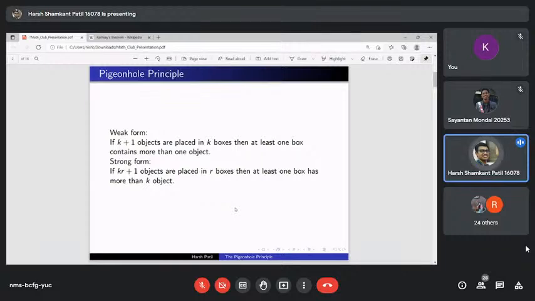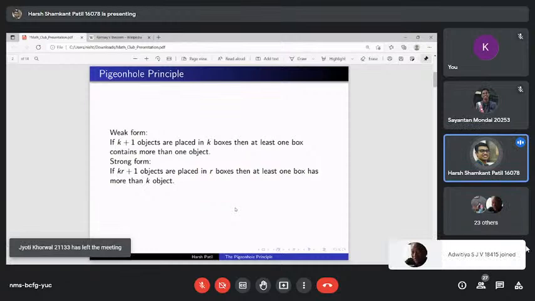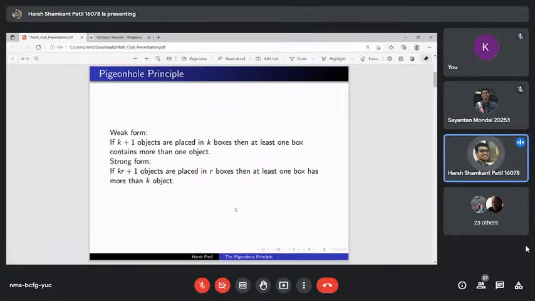And sometimes we need a stronger form of this statement, which says that if we have kr plus 1 objects and we are putting them in r boxes, then at least one box has more than k objects.